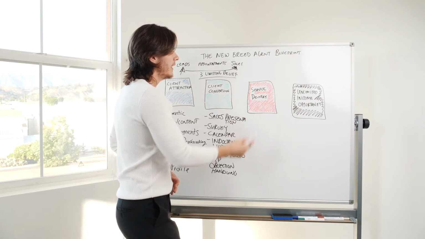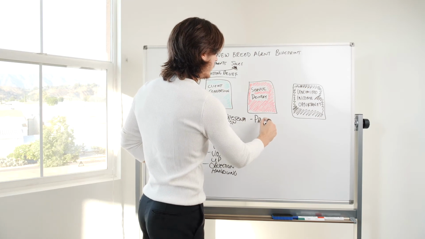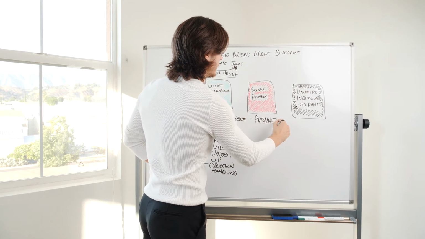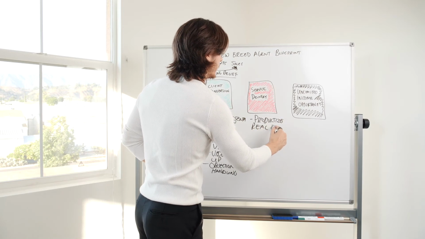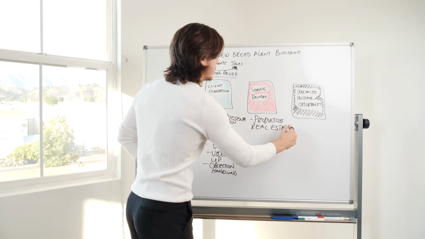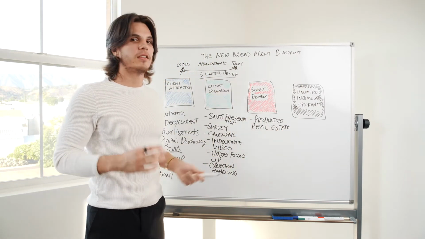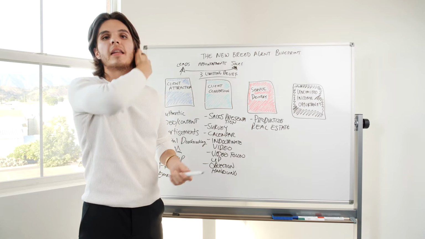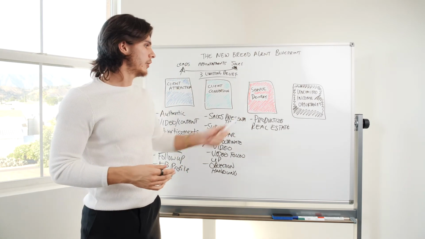So let's move on. The next component is the service delivery, okay? So what happens is, you could do these really well, right? You could convert clients, you could get a bunch of leads, but what's going to happen is you're going to start to have to deliver these services, right? Unless you have a team that actually fulfills the client's service for you.